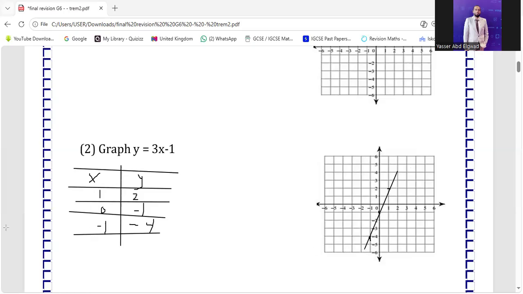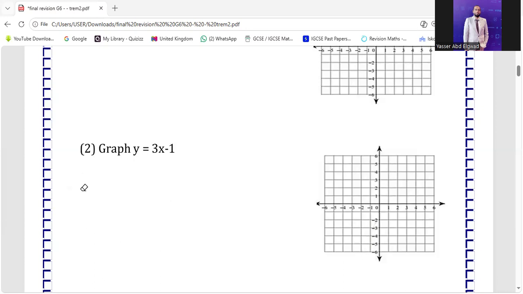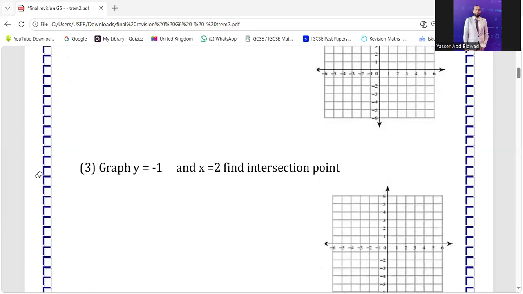The next one, how to graph it. It's easy. y equal negative 1. Here is the y axis and here is the x axis. Where is negative 1 on y?